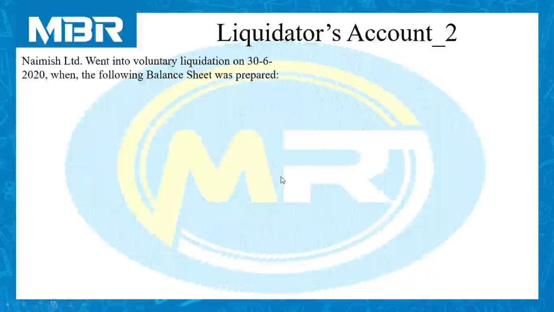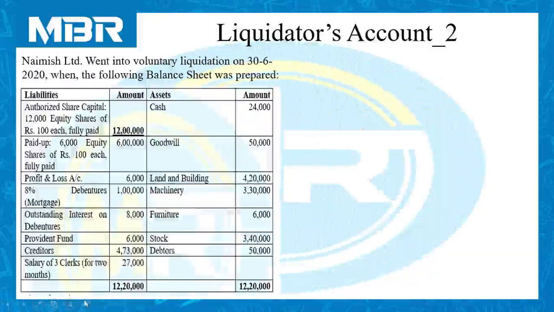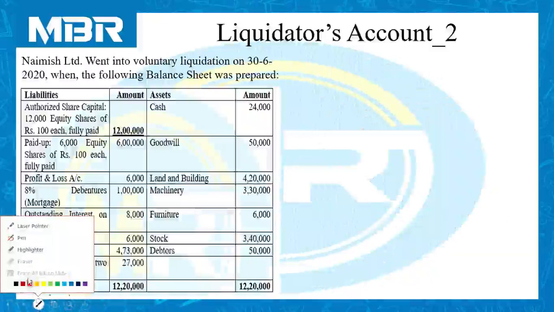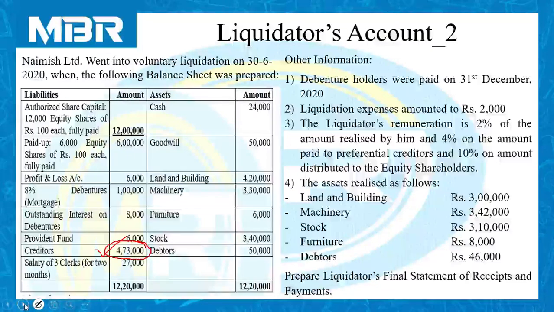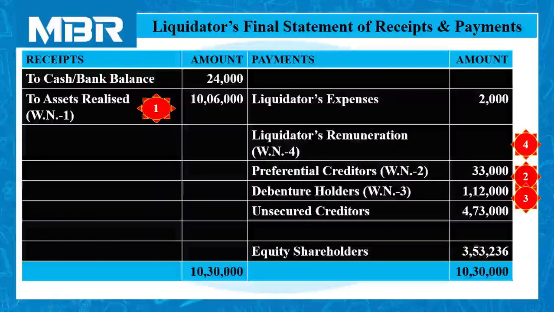On the liability side, information regarding creditors is given to us in a ready-made form, and the amount of creditors is rupees 4,73,000. Now we have to transfer these 4,73,000 to the payment side of the liquidator's final statement of receipts and payments.